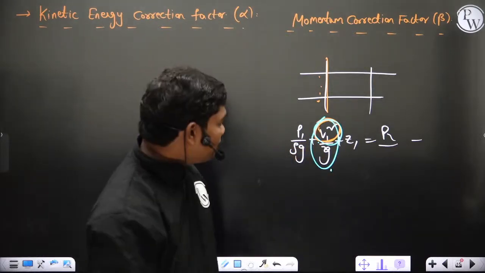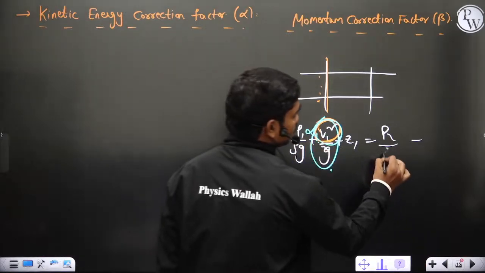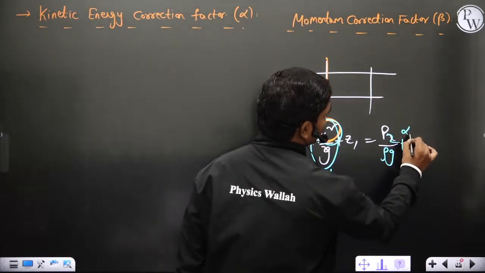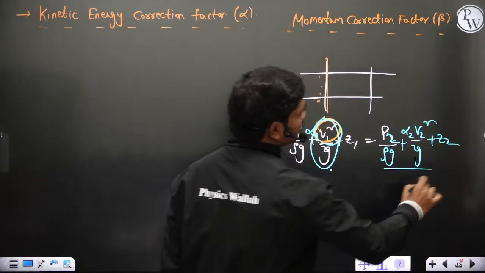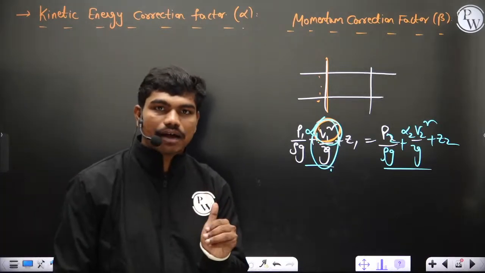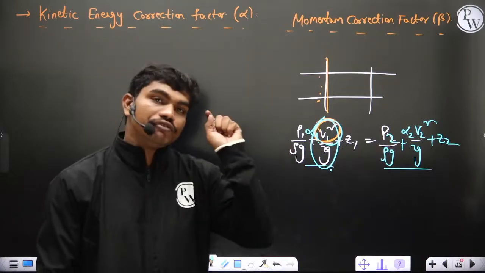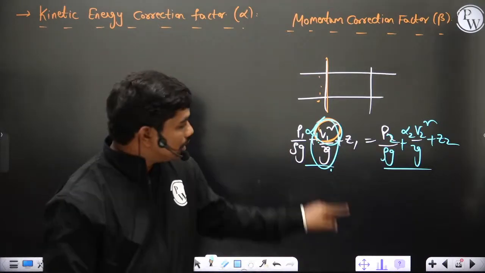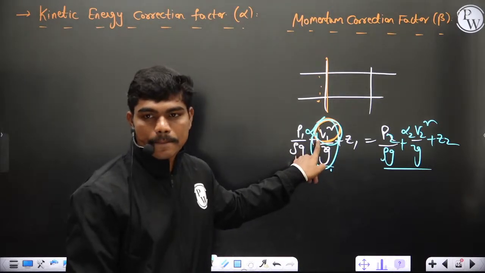In the actual case what you write is alpha 1 V1 square by 2g plus P1 by rho g, equal to alpha 2 V2 square by 2g plus P2 by rho g plus Z2 and so on. This is how you actually write Bernoulli's equation in actual cases. In the exam, if they don't mention kinetic energy correction factors, you just go with the equation you know. If they mention kinetic energy correction factors, these are the places where you have to substitute those factors. Understood?